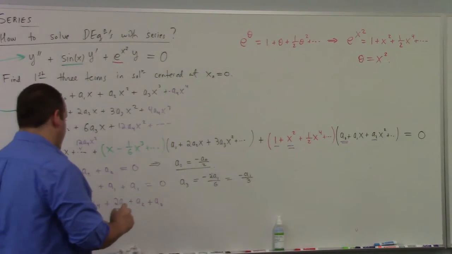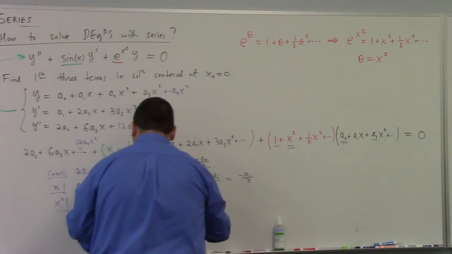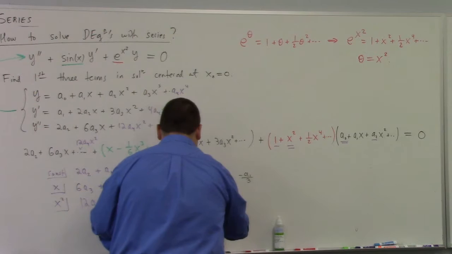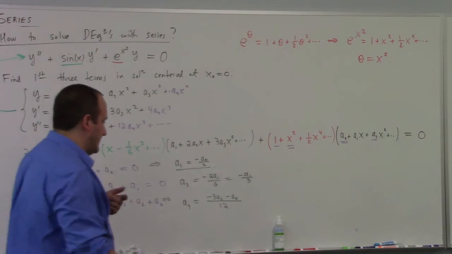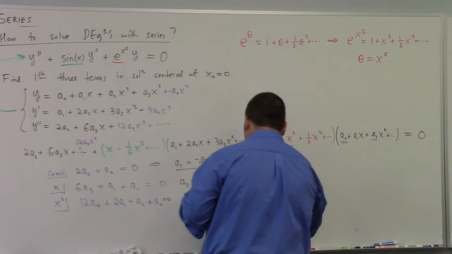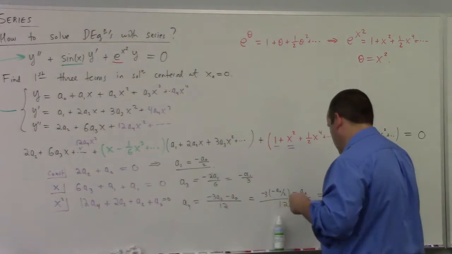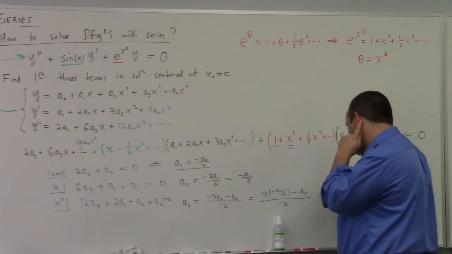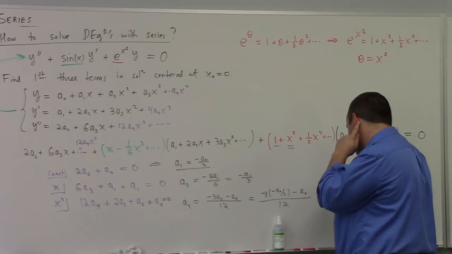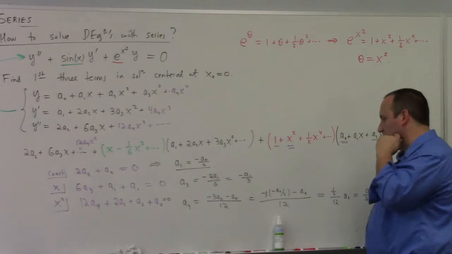And this one tells me that a4 is equal to minus 3a2 minus a naught divided by 12. But you see I can convert the a2 to a naught. This is really minus 3 times minus a naught over 2 minus a naught over 12, which looks to me like 1/2 over 12 a naught. I think I get a naught over 24 there. Correct me if I'm wrong.